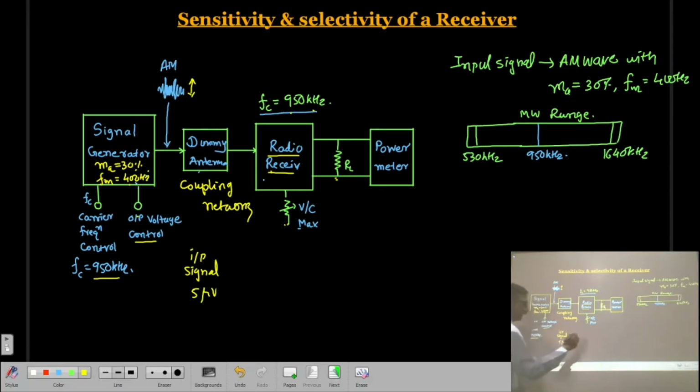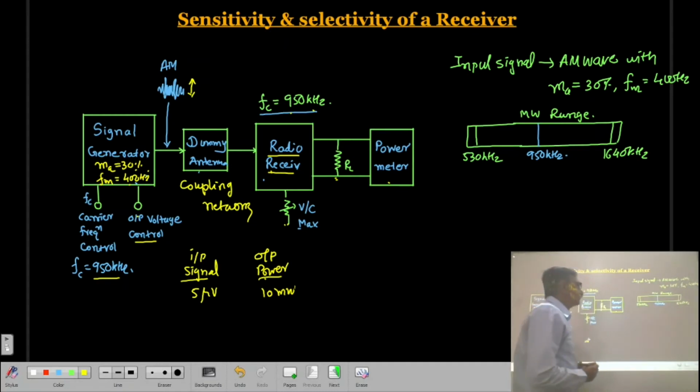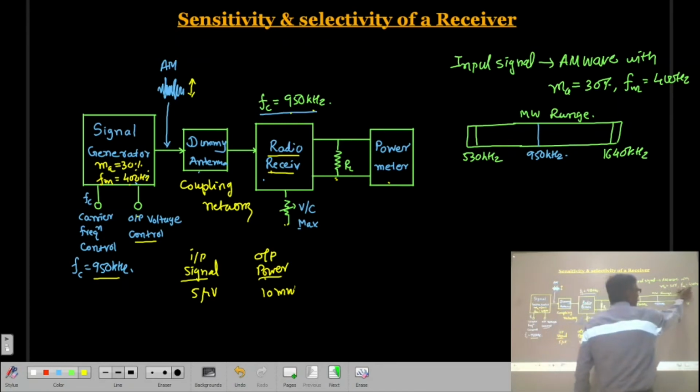Then if we measure the output power, let us say it is 10 milliwatt. But according to the definition, what is the standard output? When we apply this, the standard output power is 50 milliwatt. Remember.